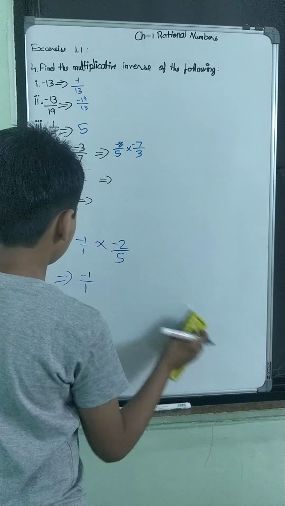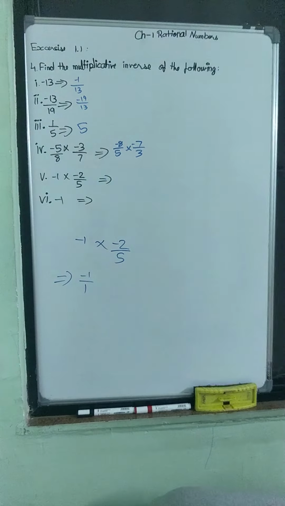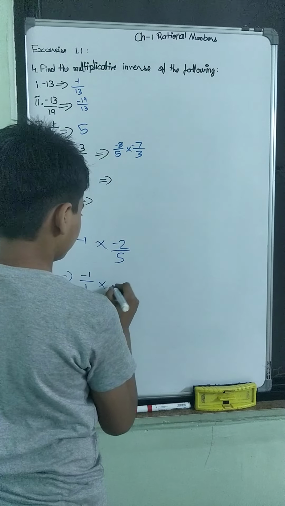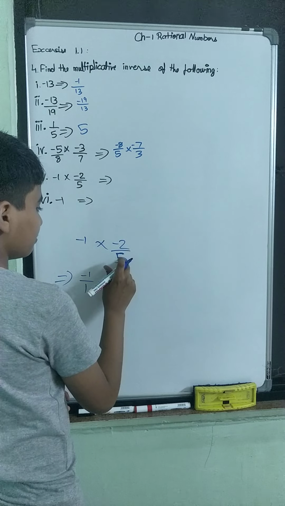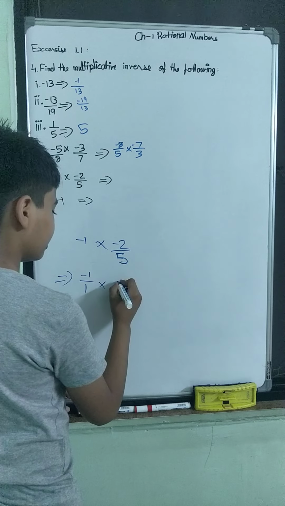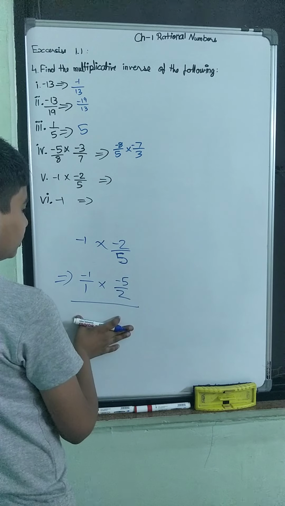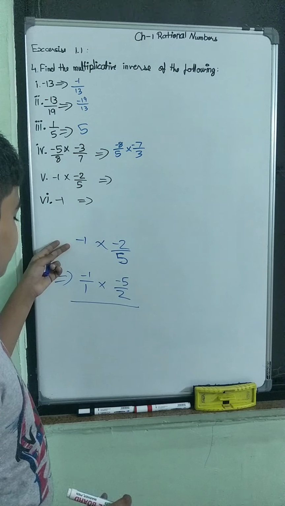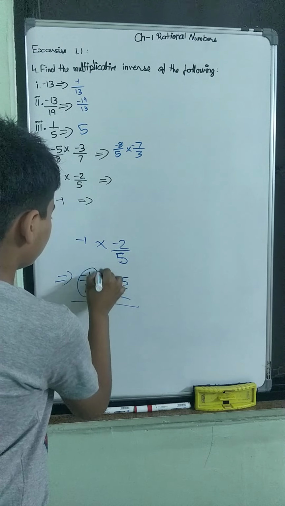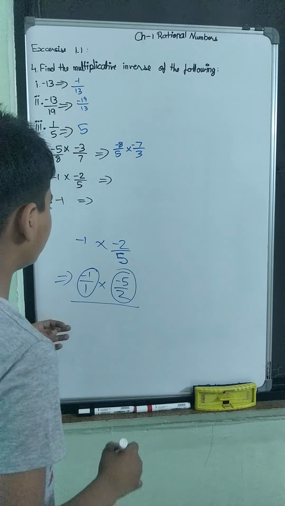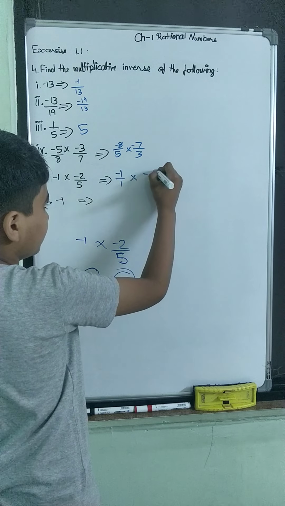So minus 1 by 1 multiplied by, again change the positions, minus 5 by 2. Therefore, the reciprocal of minus 1 multiplied by minus 2 by 5 is minus 1 by 1 multiplied by minus 5 by 2. So we will write minus 1 by 1 multiplied by minus 5 by 2.